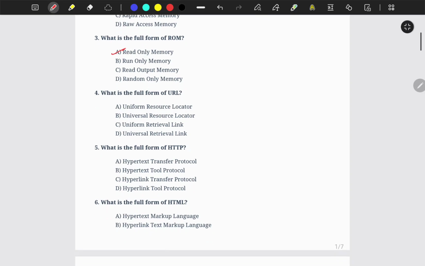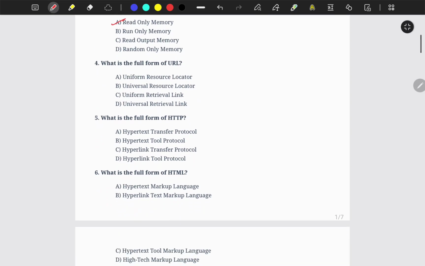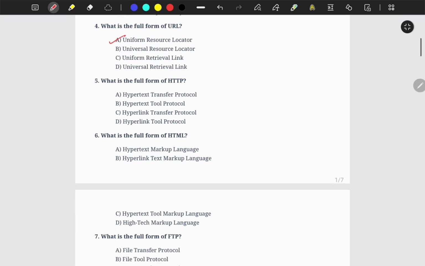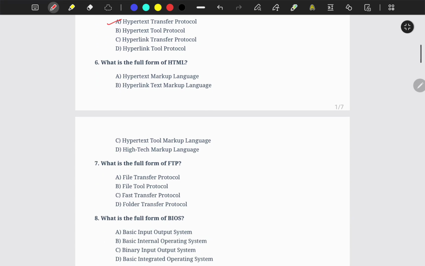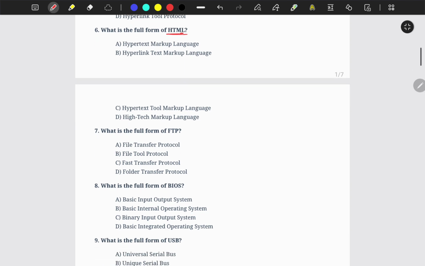The next question, number 4, what is the full form of URL? The correct answer is Uniform Resource Locator. Full form of HTTP, it is Hypertext Transfer Protocol. What is the full form of HTML?